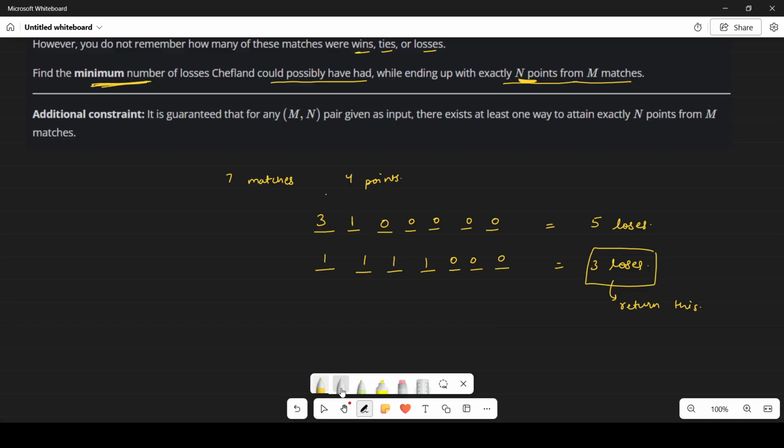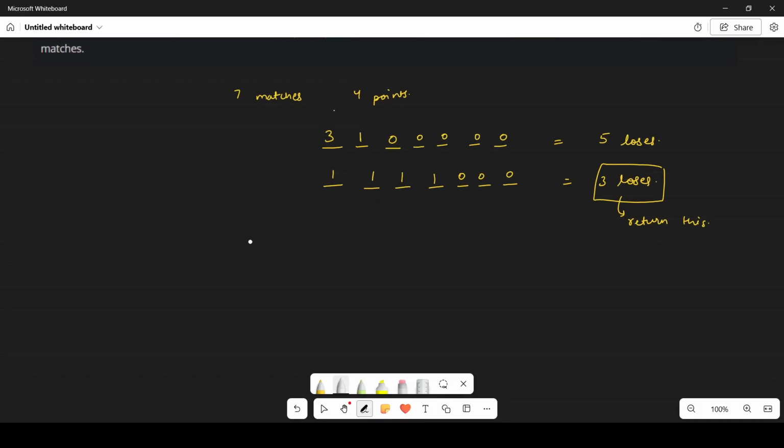So there are two choices at every index. Either we can place 1 or 3, and if we are unable to place either of them, then in that case we are simply losing.